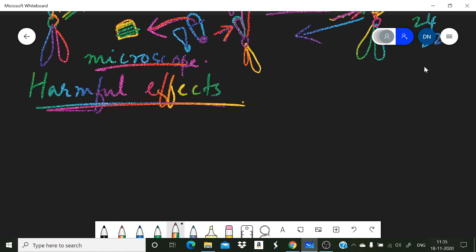And these chromosomal mutations may be due to deletion, insertion.